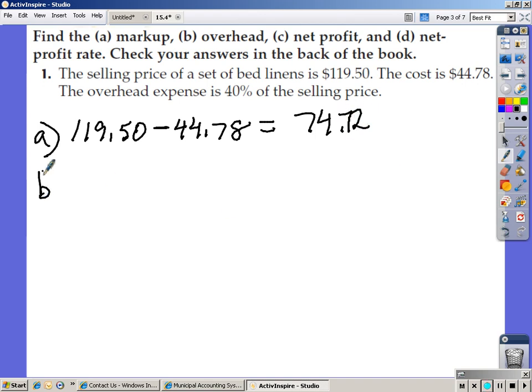Okay, part B wants us to find our overhead. The way you find the overhead is you take the selling price, $119.50, and you times it by your overhead percent, which in this case is 40. So $119.50 times 0.4, $47.80.